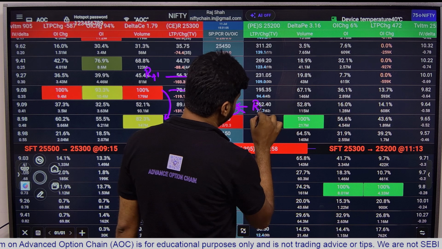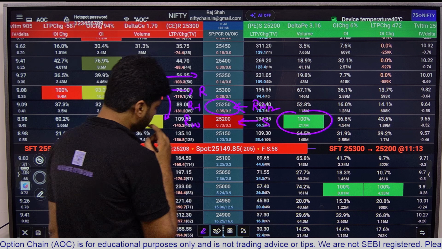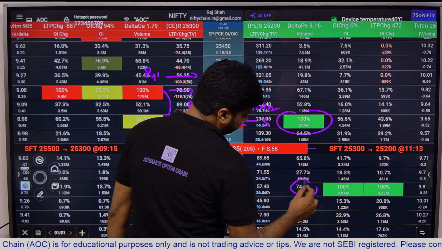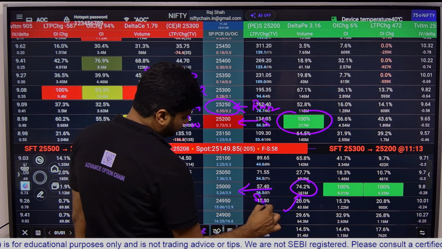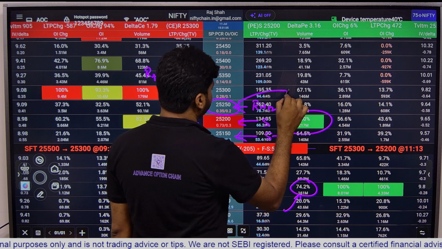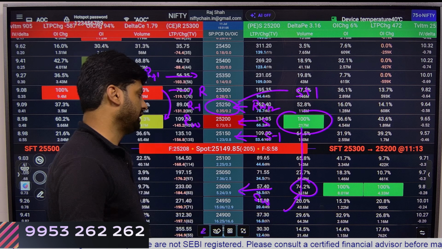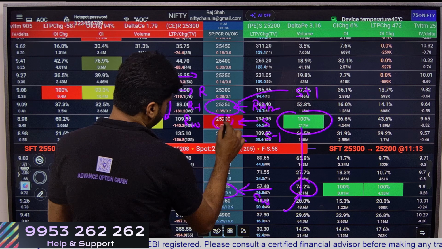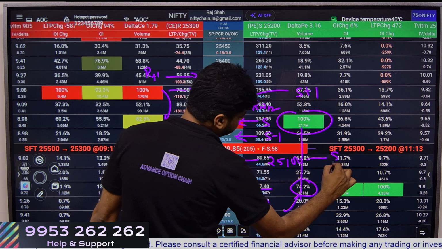That is RW by 2. Similarly, we have support. Imagine this is the weakness, so we'll consider this SW, and 150 will be our S minus 1, 250 will be S plus 1. Halfway between these two strike prices is 125, so 100 is SW by 2.